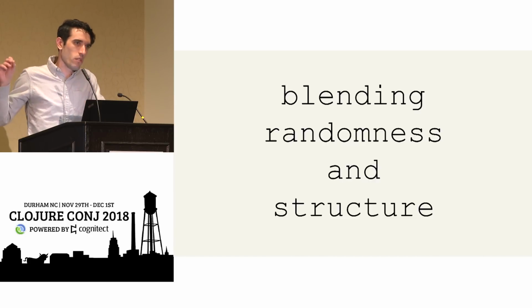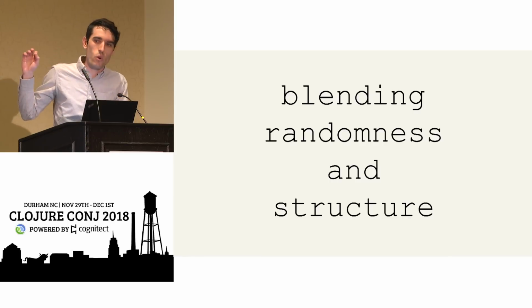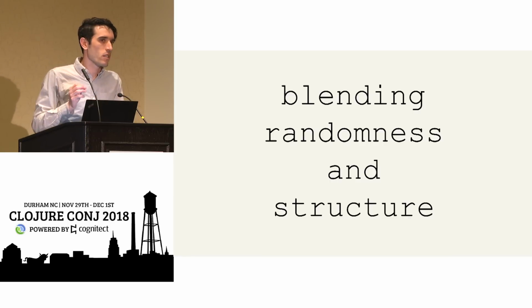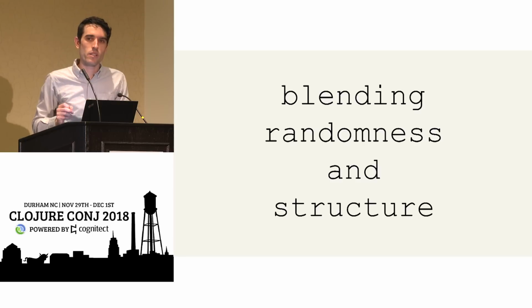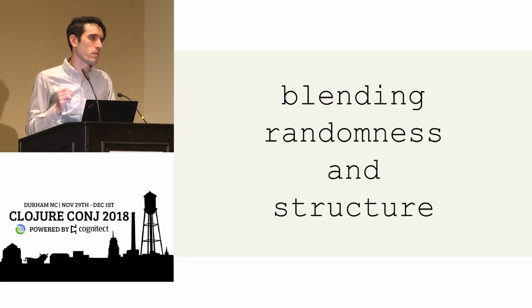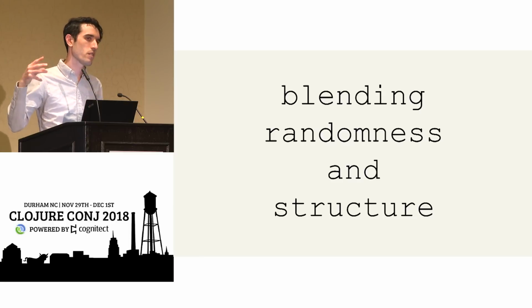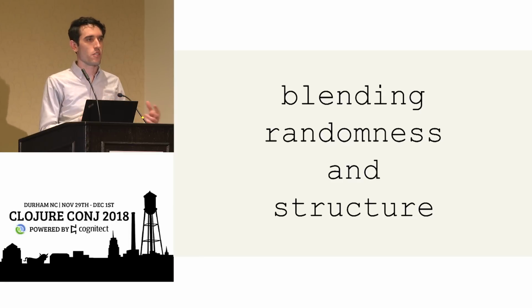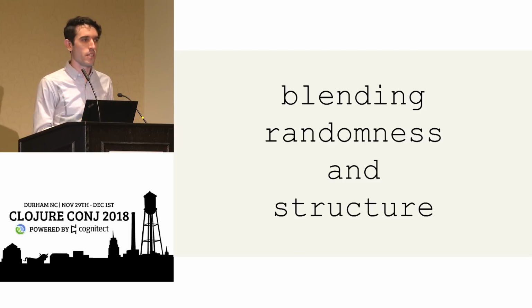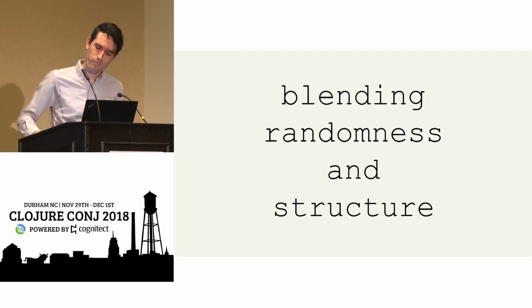These styles of artwork are all quite a bit different, but I think the common thread that ties them together is that they do an excellent job of blending randomness and structure. They're able to keep this balance between the two to where it's still surprising and unpredictable, but they still have some type of order that we understand, even if it's only intuitively.